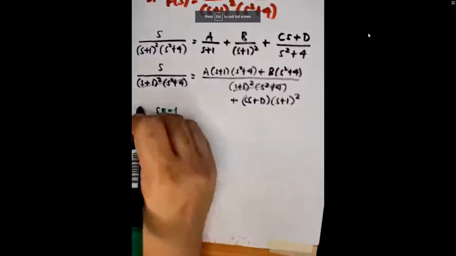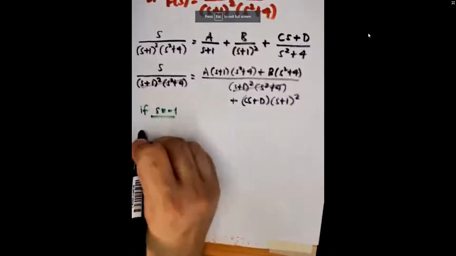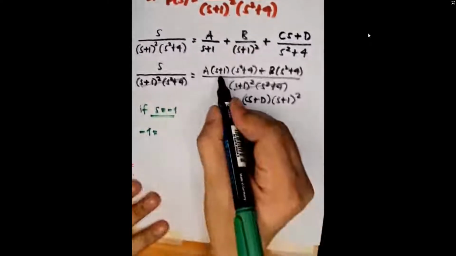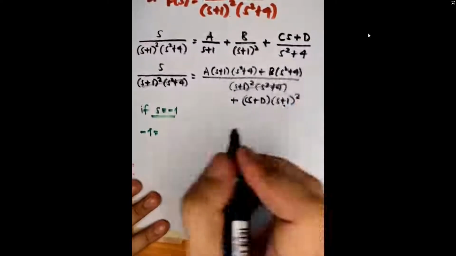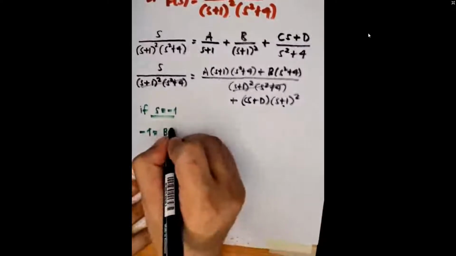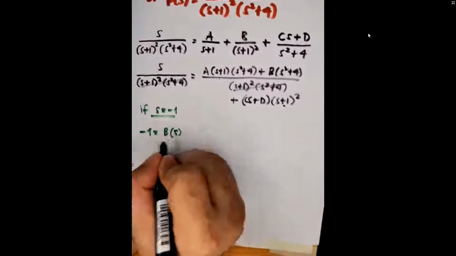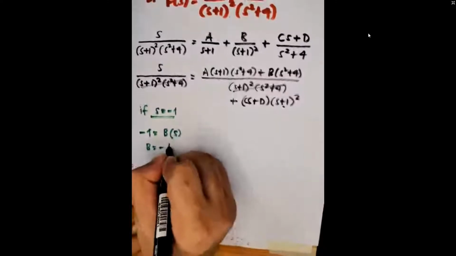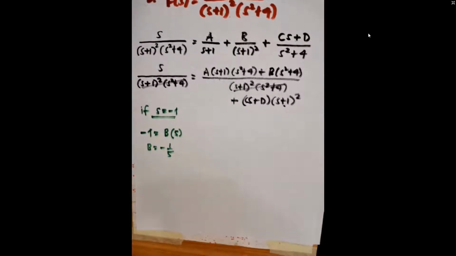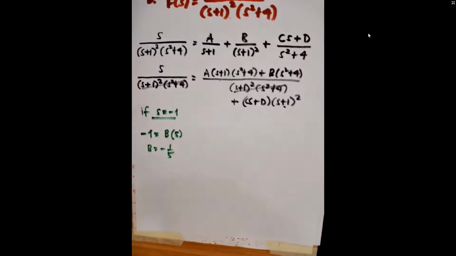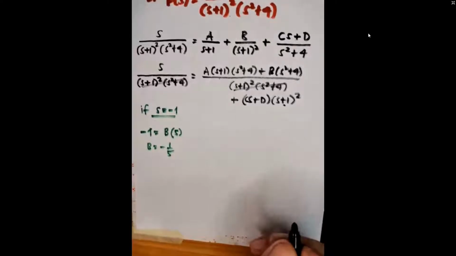Then s plus 1 is equal to 0, so this part is also 0. So we'll have B times 5 equal to negative 1, so B is negative 1/5. Next, mahirap na mag-assume ng s is 0. Wala tayong mas-zero. Okay, in terms na lang of coefficient.